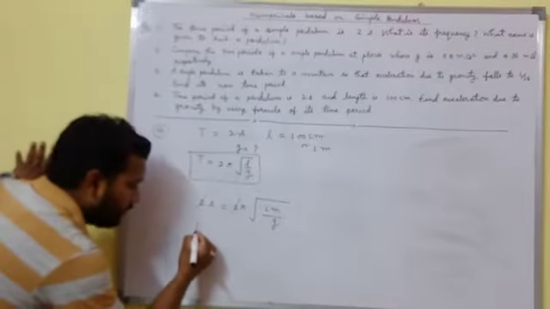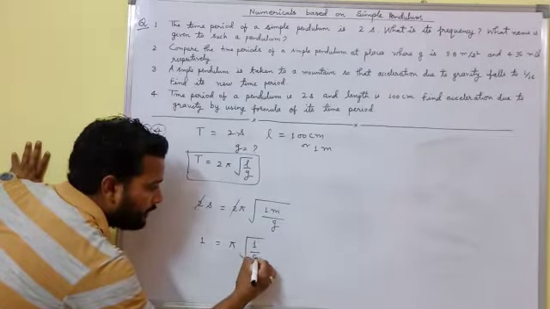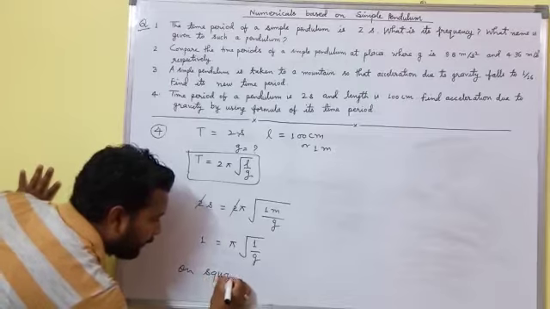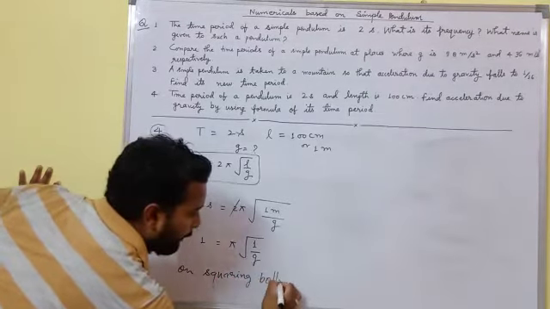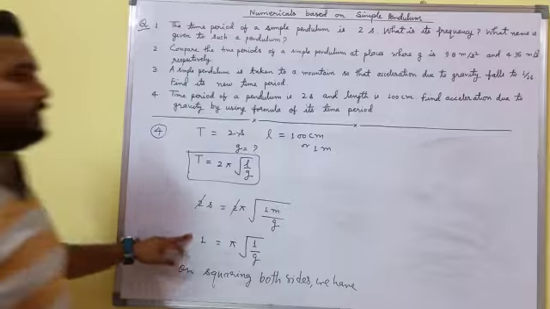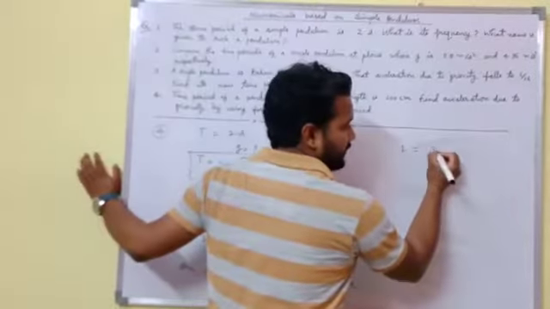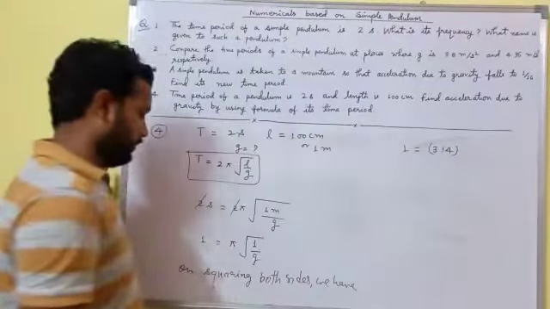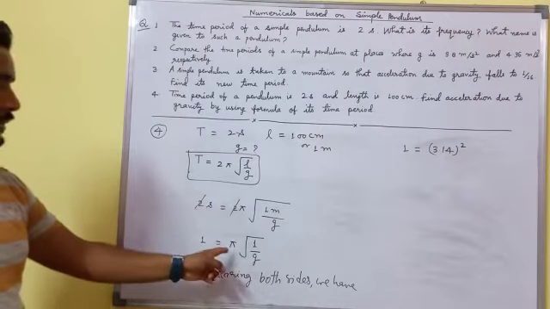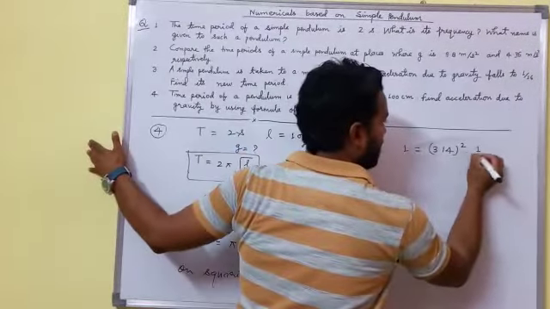On squaring both sides, we have the square of 1, again 1, equals the square of pi, the value of pi is 3.14, squared, times 1 by g. The square of root 1 by g is 1 by g.